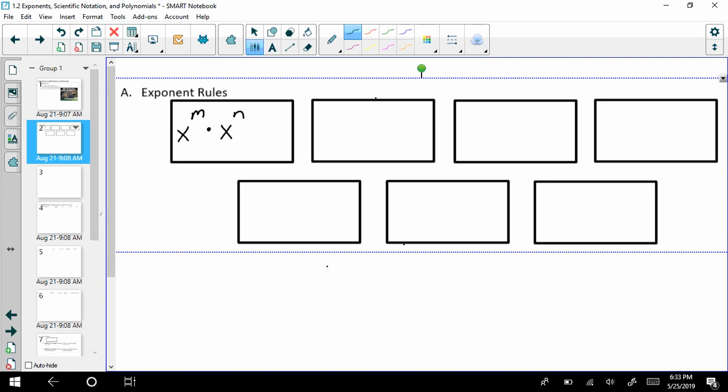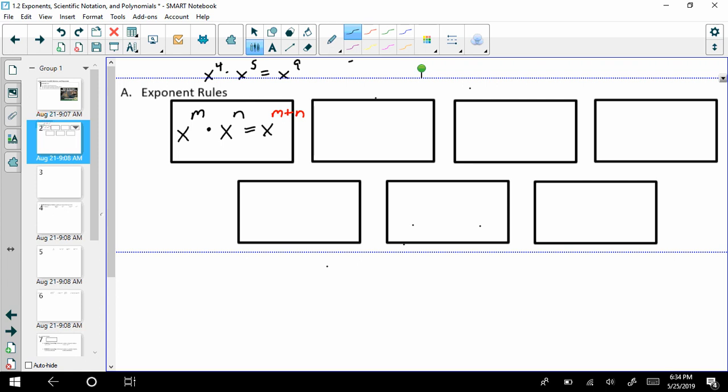There is a rule that says I can combine them as long as they have the same base, x, and the exponents will be added together. For example, if I had x to the fourth times x to the fifth, according to this property, I would now have x to the ninth.